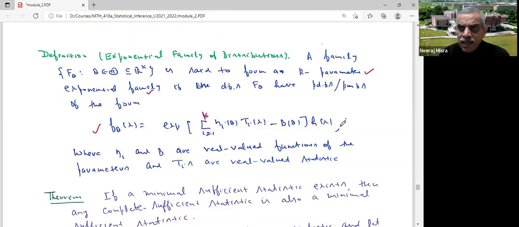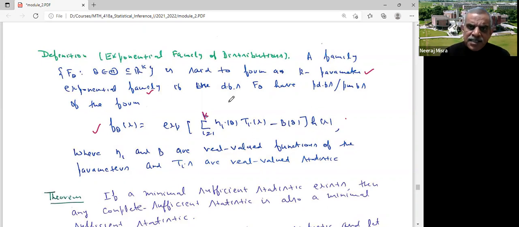In cases where the range depends on theta, like uniform 0 theta, the indicator x lies between 0 and theta would come, and that cannot be made independent of theta. So that cannot be subsumed into this h x, and it also cannot be written as an exponential function. So all the distributions where your range depends on theta will not be part of the exponential family.